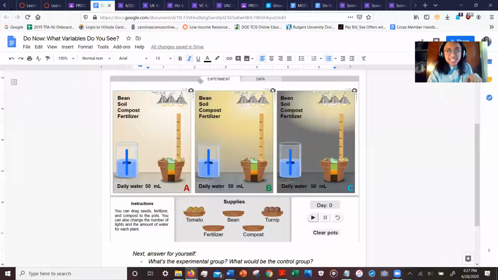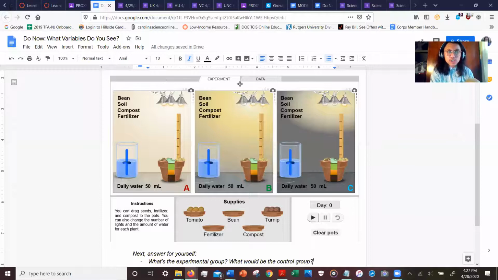Why, you may ask? Well, let me tell you why. Say, for example, we not only manipulated the amount of light that this plant receives, but we also manipulated the amount of daily water it received. And let's say that my hypothesis was if I increase the amount of daily water that this bean plant gets, then it would have the tallest or most height by the end of 50 days.